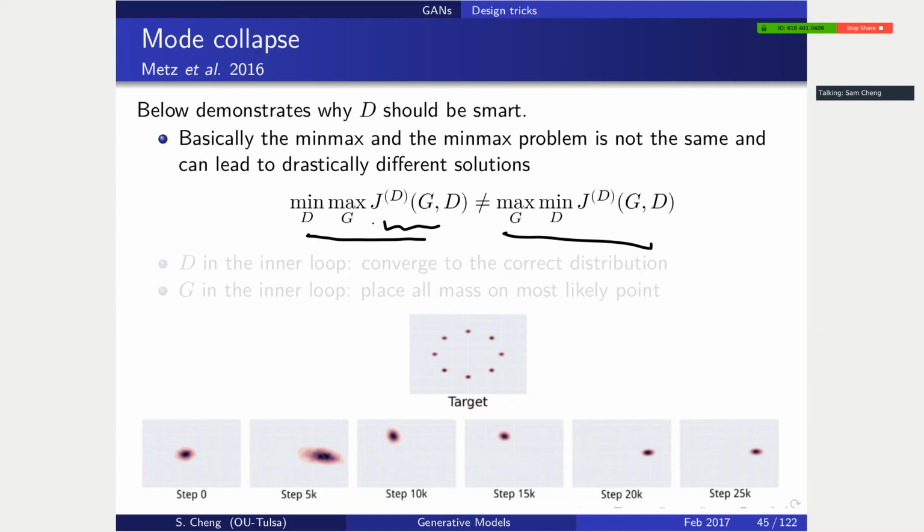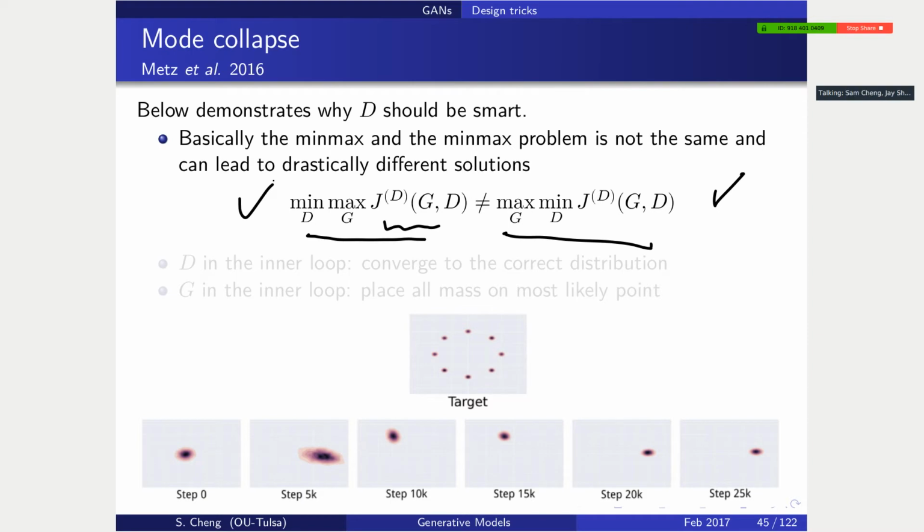Okay, by the way, to get even further, let me pause you guys a little bit. Which one makes more sense? Do you want this one or this one? The one on the right.